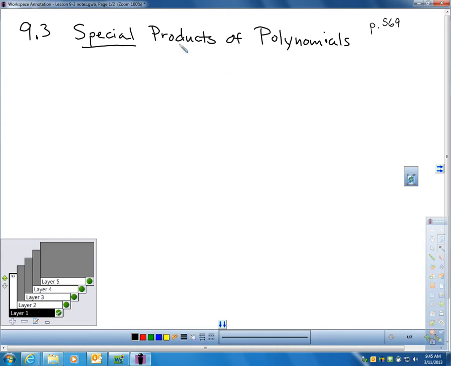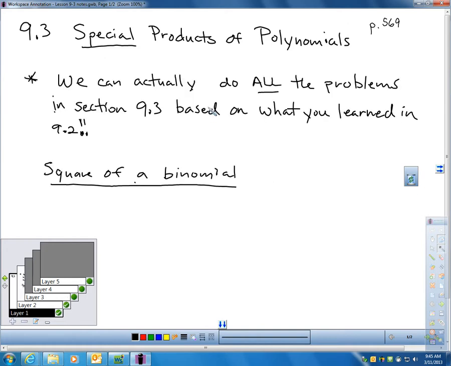Now, when they say special, what they mean is there are certain polynomials that we can multiply together where there's a little shortcut that applies to certain situations. I want to start off by saying we can actually do all the problems I'm going to give you in the homework today based on what you learned in 9.2.